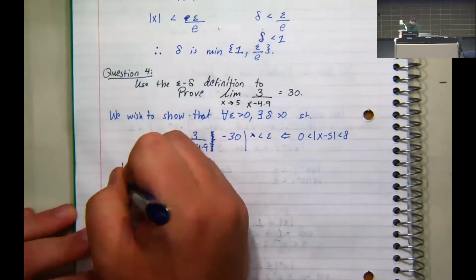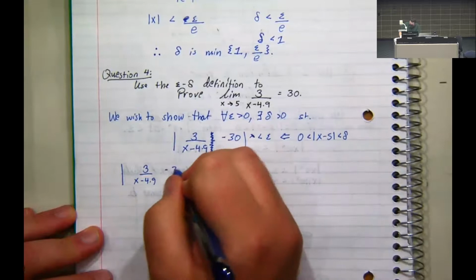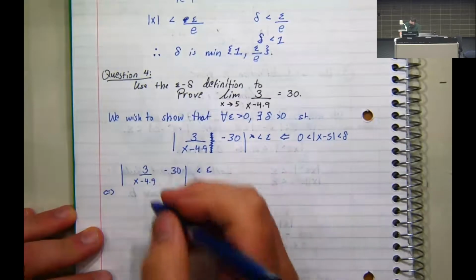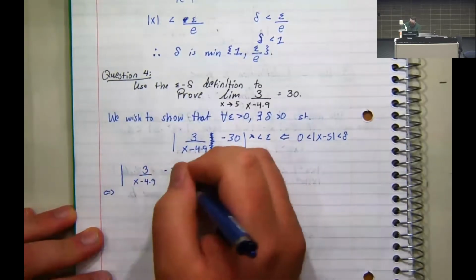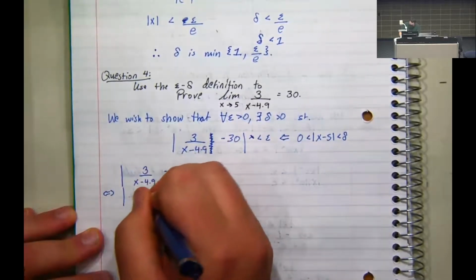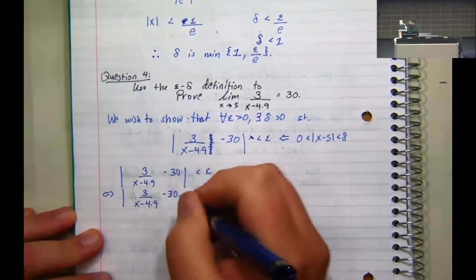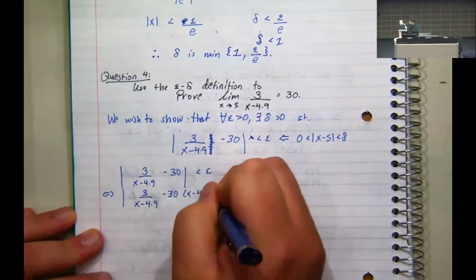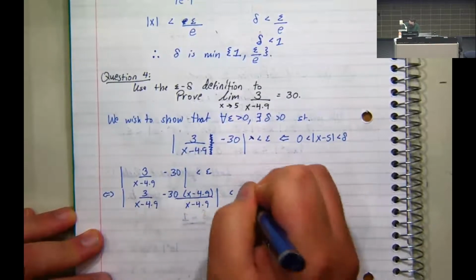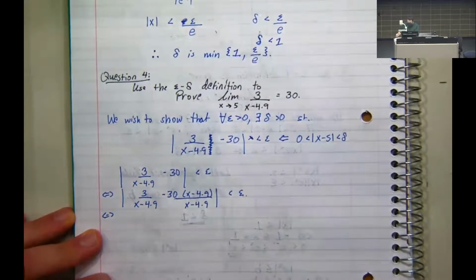So what I'm going to do right off the bat is start doing some algebra. Let's write it out. 3 over x minus 4.9 minus 30 is less than epsilon if and only if I take this denominator and multiply it at the top and bottom of the negative 30. So 3 over x minus 4.9 minus 30 times x minus 4.9 over x minus 4.9 is less than epsilon. Now, since they have a common denominator, I can combine the numerators.